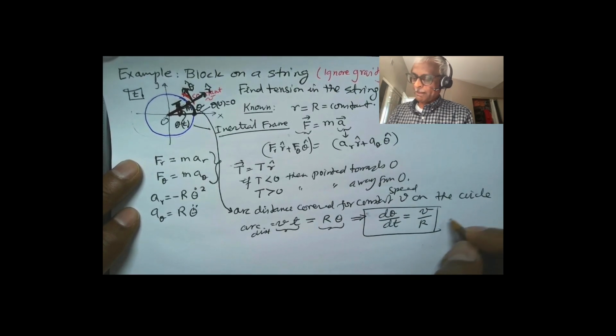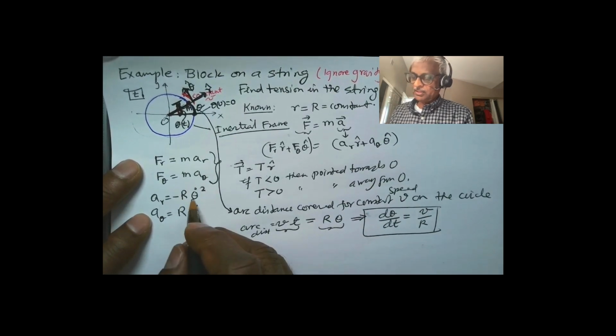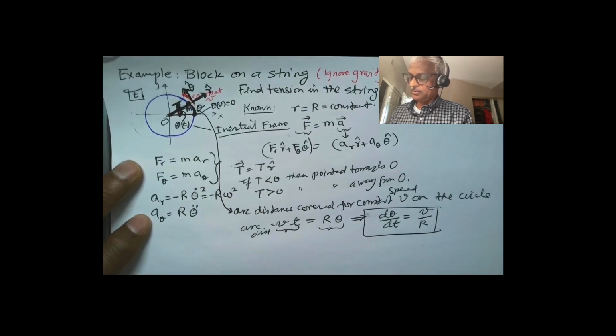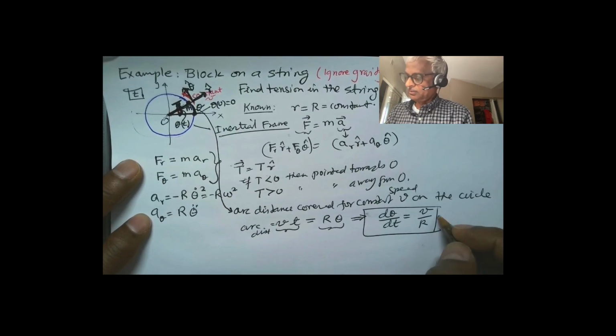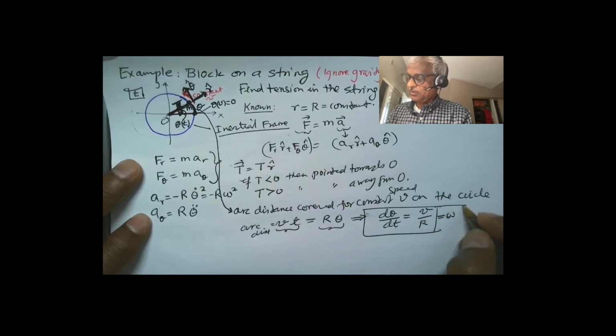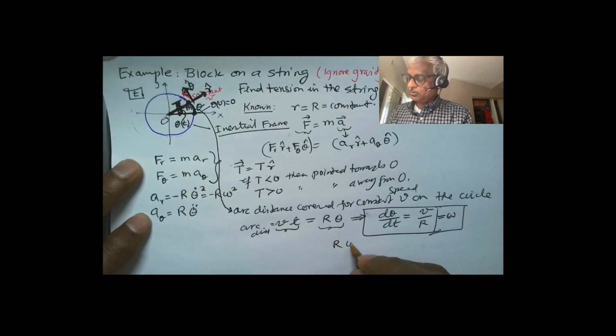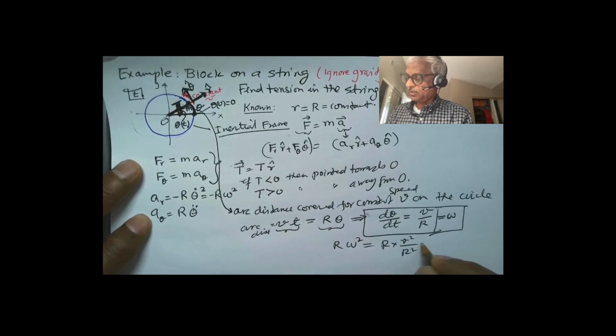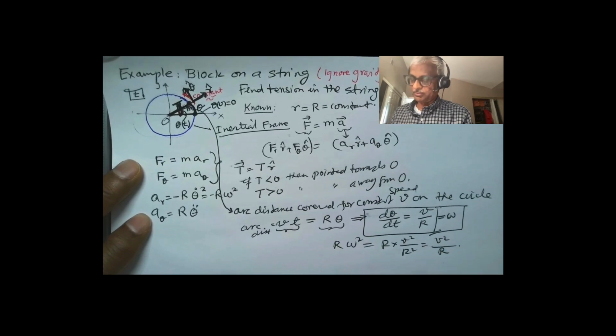So from here you can say minus r omega square, and this is omega. So r omega square is r times v square over r square, and this is where the v square over r comes from, right?